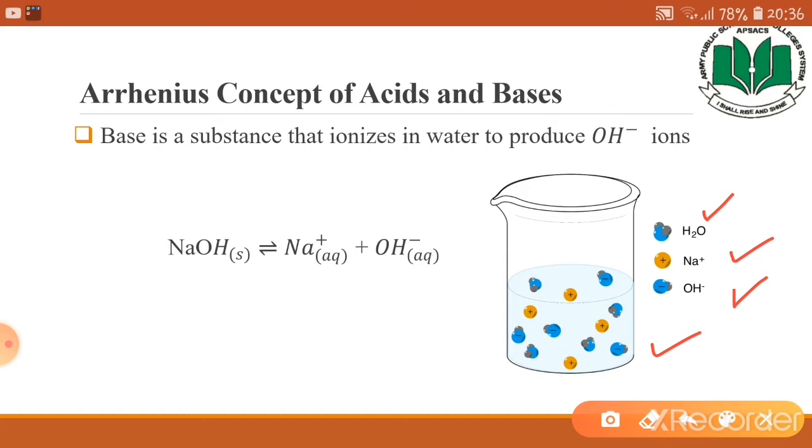Since there is an increased concentration of hydroxide ions in this solution when the sodium hydroxide was dissolved in water, we will identify this substance, sodium hydroxide, as an Arrhenius base.